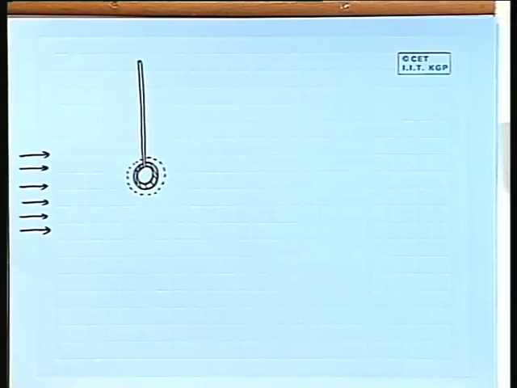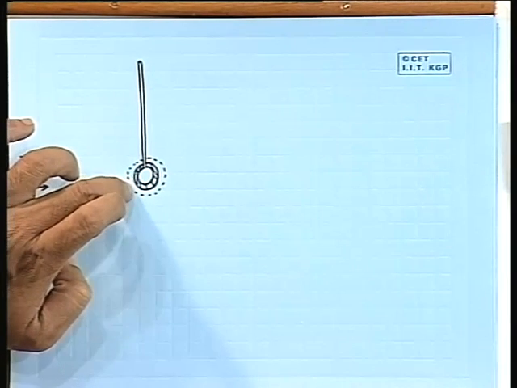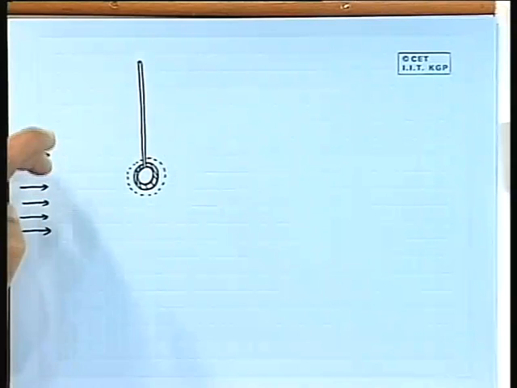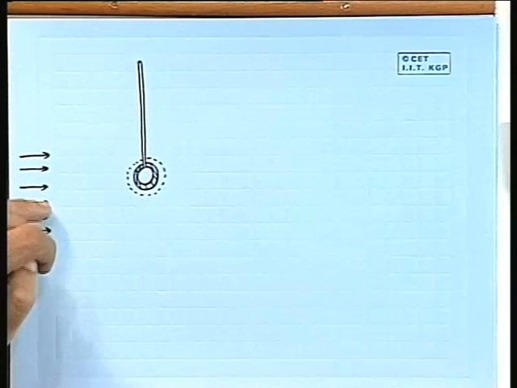And I told that there will be two different transport phenomena. The first one is mass transfer. Mass transfer means, as the air just adjacent to the wet wick is saturated with water vapor, it has a high concentration of water vapor, whereas the air passing past it has a lower concentration of water vapor.